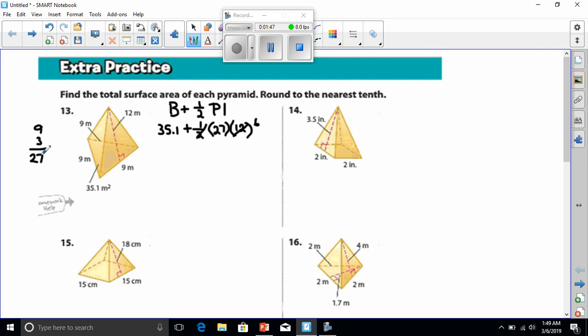If I take 27, which I have already here, and I multiply it by 6, that's going to give me, well, 6 times 7 is 42. And then 6 times 2 is 12, and 12 plus 4 is 16. So that will give me 162. And we're going to have to add 35.1 to that.